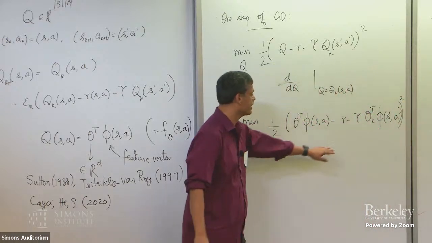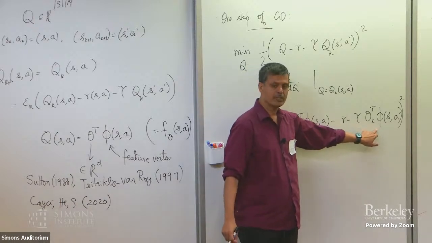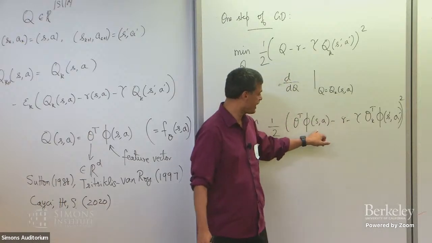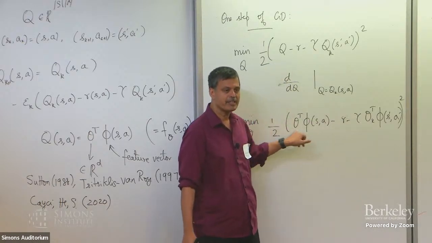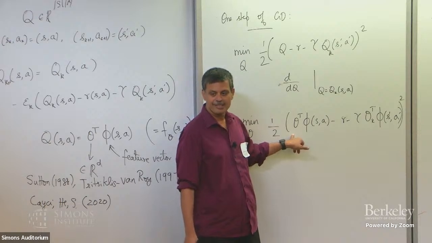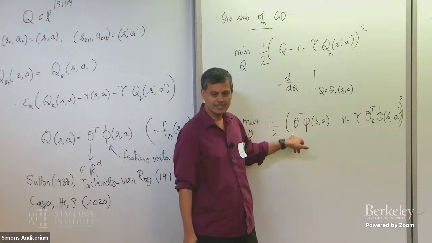You have a current estimate for theta. You believe that that estimate is going to give you the value function for the next state action pair. But for the current state action pair, you're trying to learn a new theta. It's bizarre, but this is what it is. And we'll see why this converges.